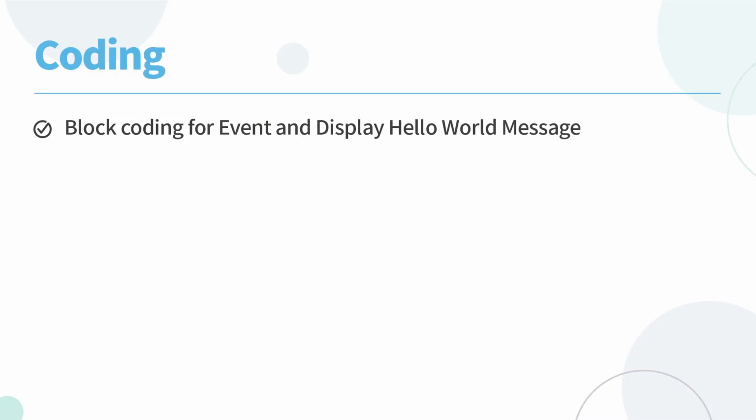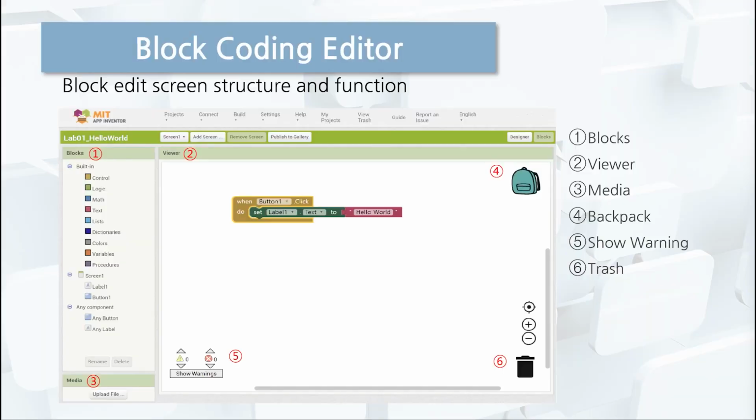Now we're going to talk about block coding. In this section, we're going to study how to write the block code for an event and display the hello world message. This time, I will explain the structure of the empty block screen. There are largely the block area, viewer and media. And here is the blocks area.